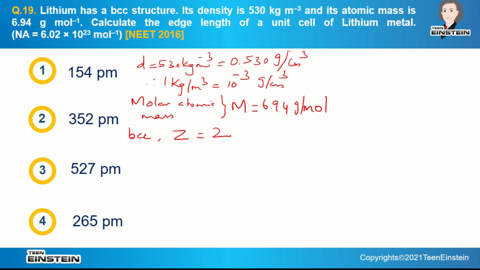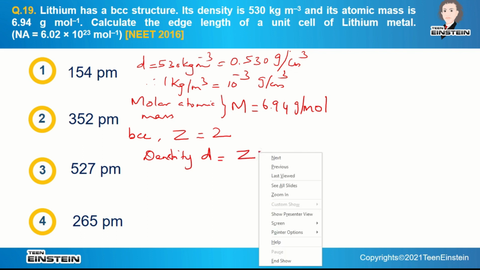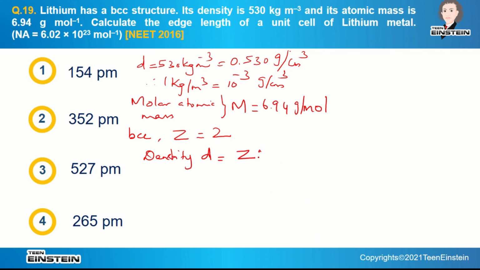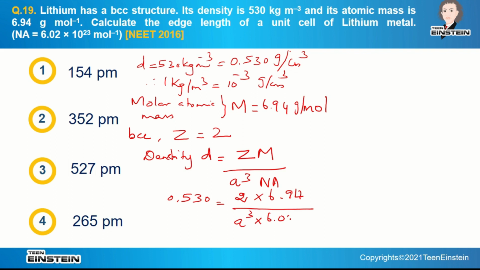So here we know the well-known equation: density D is equal to atoms per unit cell into molar atomic mass divided by a cube into Avogadro number. So density is 0.530, which is equal to 2 into 6.94 divided by a cube into 6.023 into 10 to the power 23.